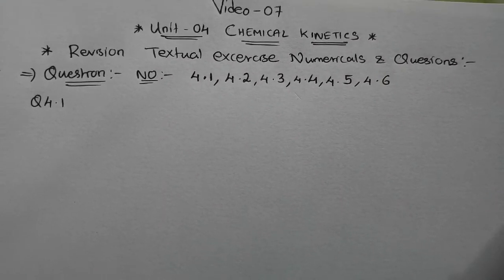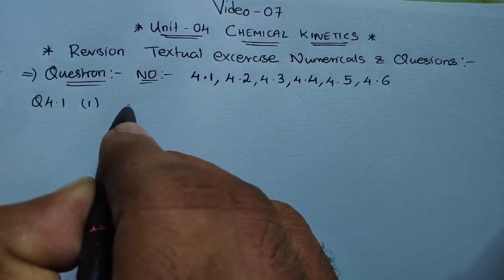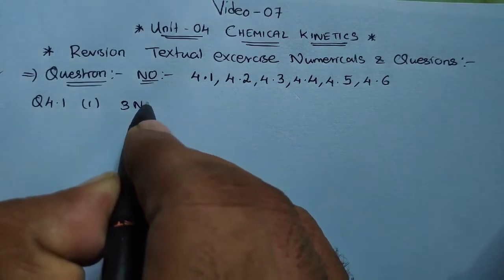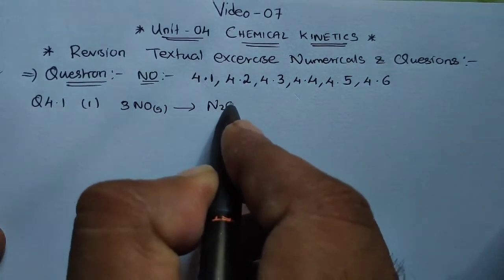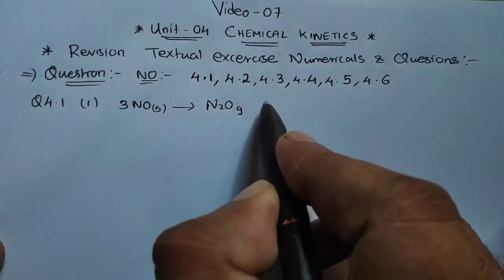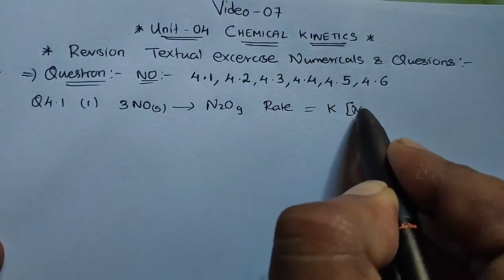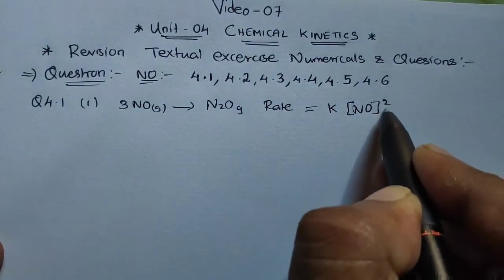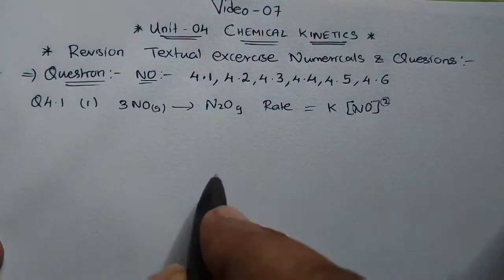In the first question it was written like this: 3NO, in gaseous state, gives N2O. The rate expression is given as K into [NO] raised to 2. So this exponent symbolizes the order of reaction.